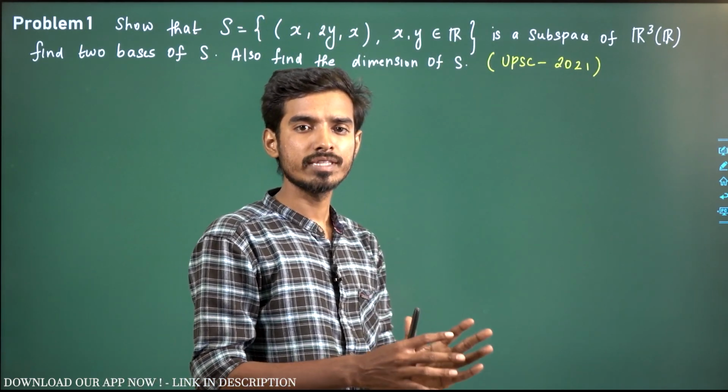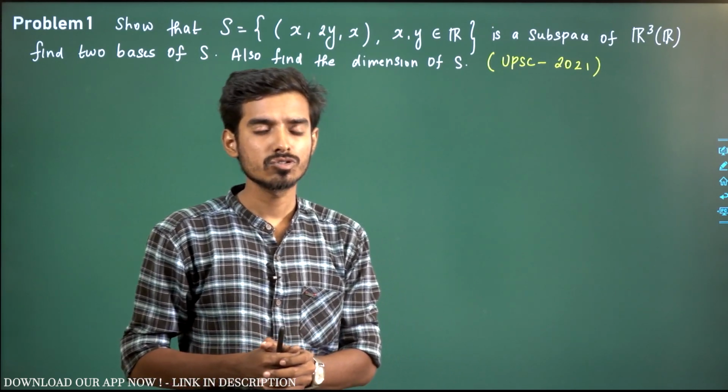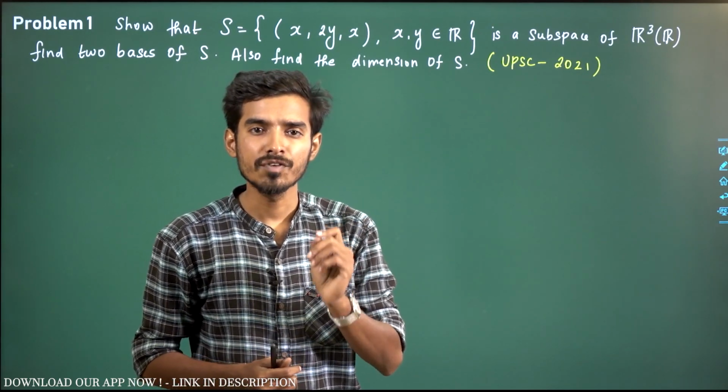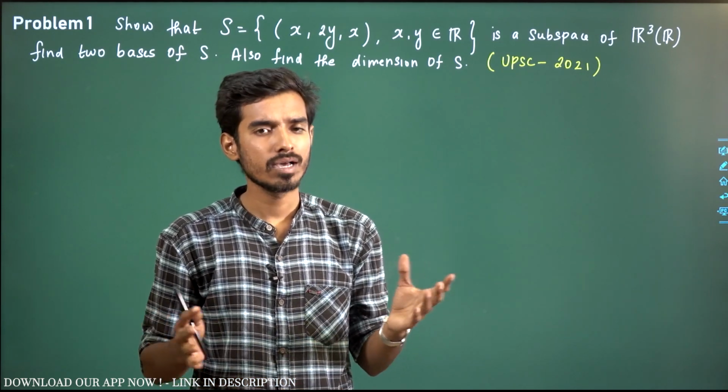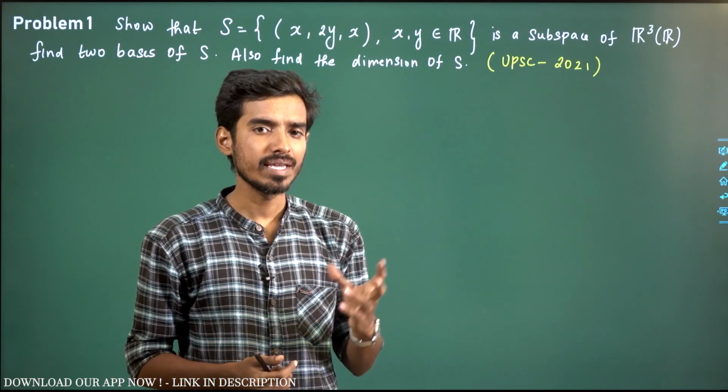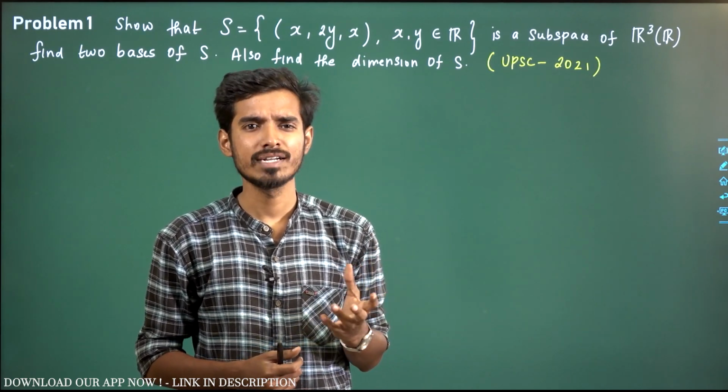So how will we show that a subset is a subspace? We know the necessary and sufficient condition for a subset to be a subspace. We already proved the theorem. If you have seen my videos of linear algebra, you would have answered this very easily.